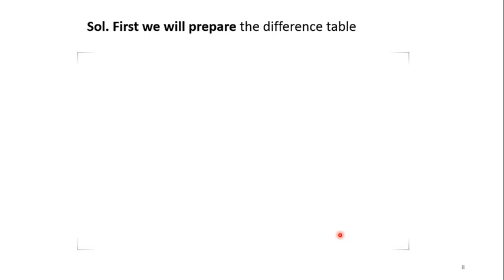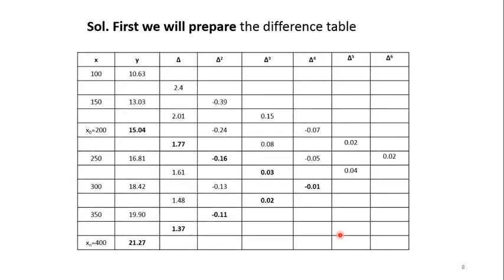So first we prepare the difference tables as we know the process. First you write the value of the independent variable as x, and then you write the value of y here. Then you can find the difference of this minus this, 13.03 minus 10. This gives to you this first difference.